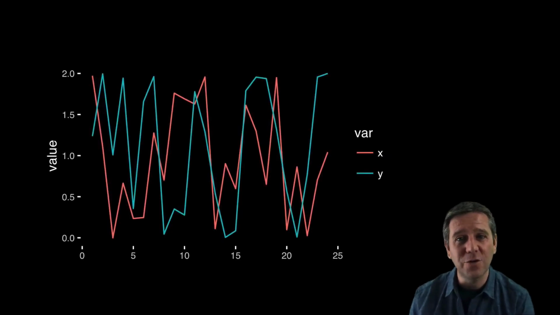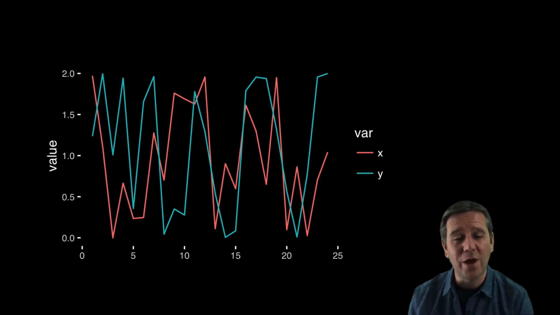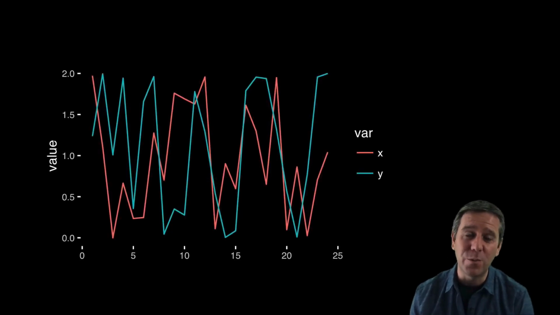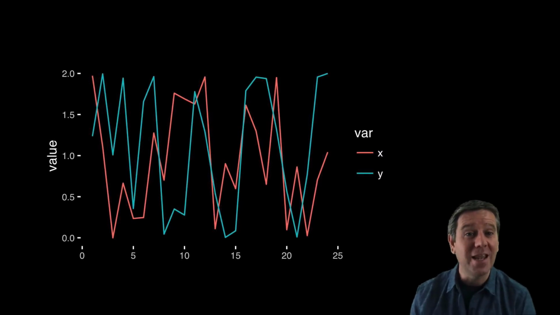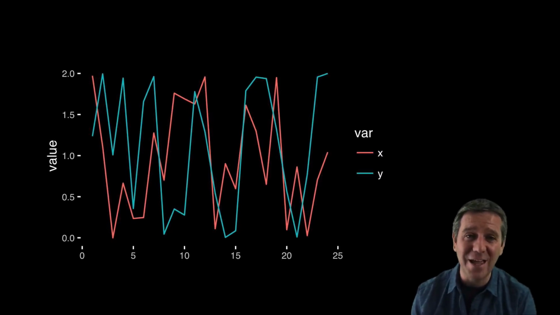Now, a side note here is that we might have picked a different way to plot the data. For example, we might have made a plot like this first, where rather than x versus y as we had in our last plot, we've maybe plotted x and y separately versus their row number. This would be common, for example, in time series data, where our data points are collected at different times, and then the bottom axis here would be time.